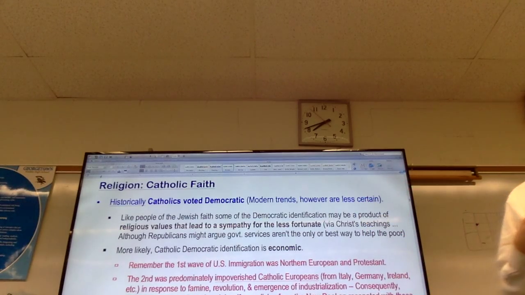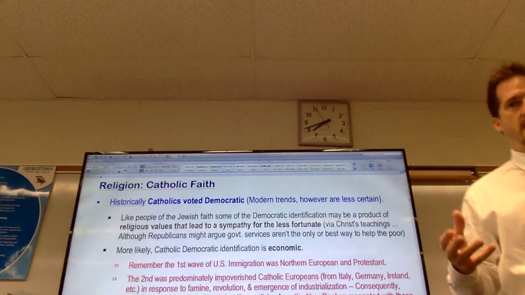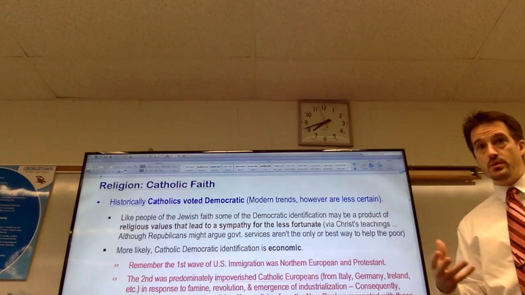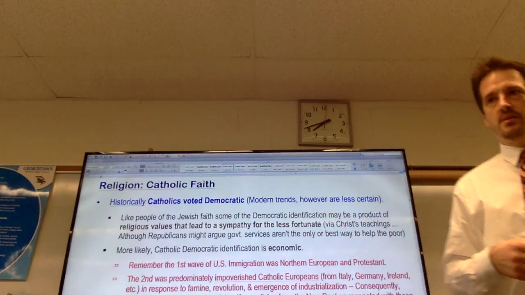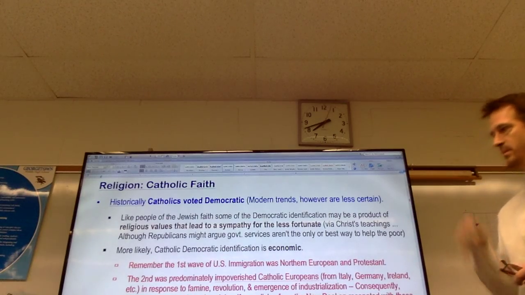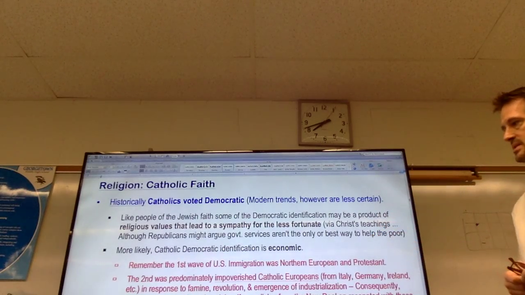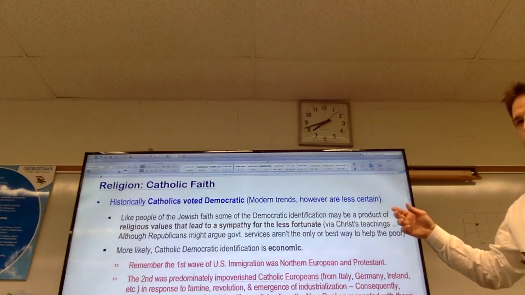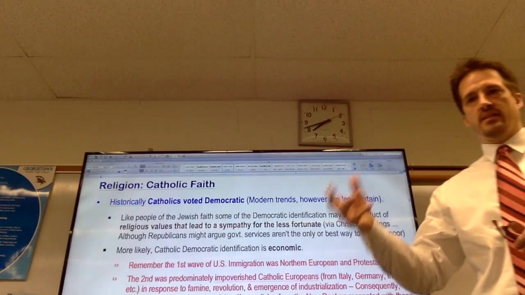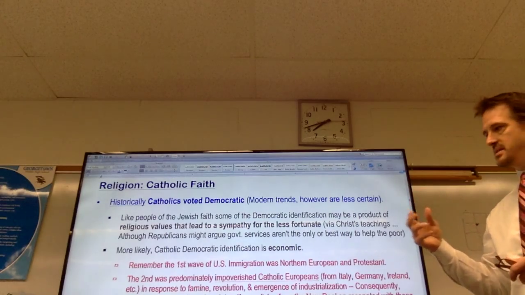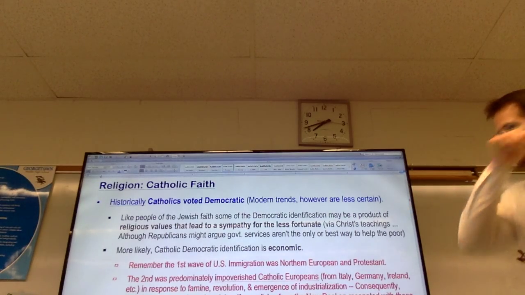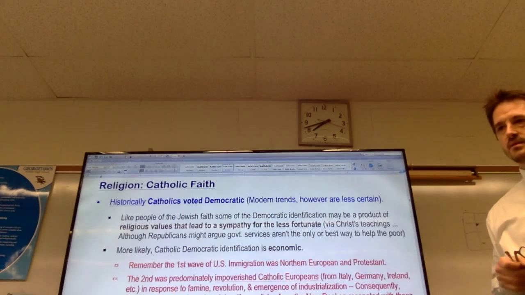But what you have to remember, too, is the waves of immigration that came to the United States. The first wave of immigration was Protestant. You start with the Pilgrims on the Mayflower, and you kind of continue with those Protestant waves of immigration. Later, though, it's Catholic. And they're coming largely from impoverished, Catholic countries on the heels of, often, some sort of revolution or instability.